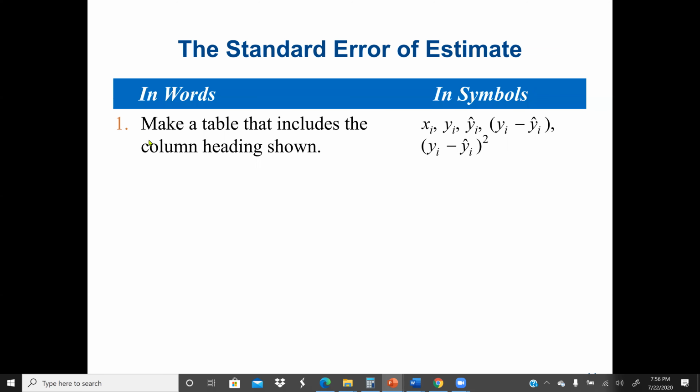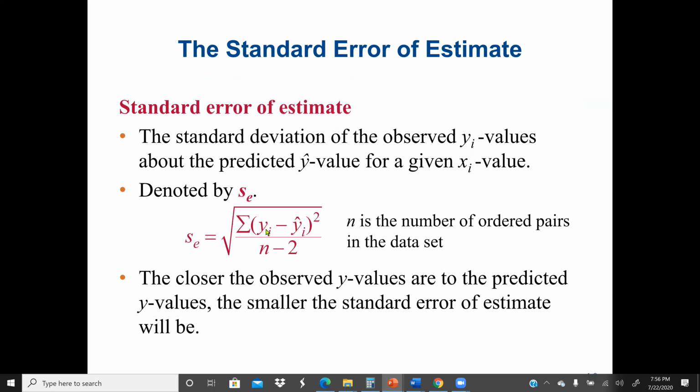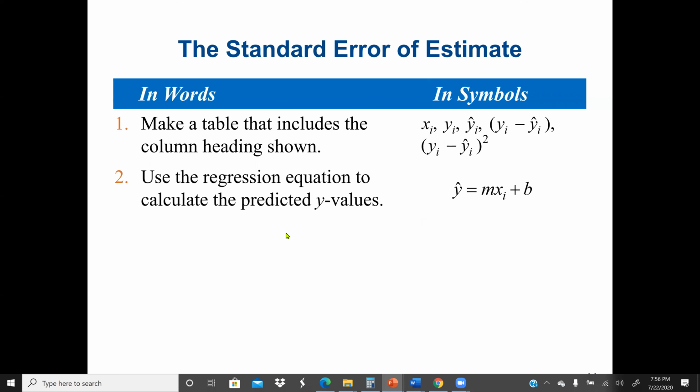So first we make a table that includes the column headings shown. The reason is that in our formula we have the predicted value and the difference of the predicted and actual Y values. Then we use the regression equation to calculate the predicted values because we need them in our formula. Predicted values are not given.